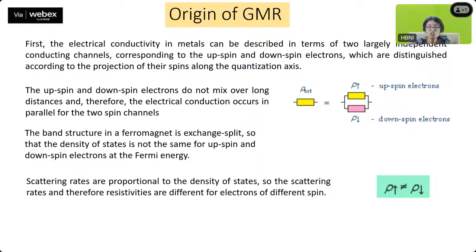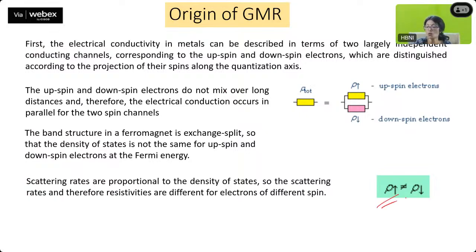If you remember, the band structure shown in a ferromagnet is exchange split. So the density of states is not the same for the upspin and the downspin electrons at the Fermi energy. Now the scattering rates are proportional to the density of states. So the scattering rates, and therefore the resistivities, are going to be different for electrons of different spins.